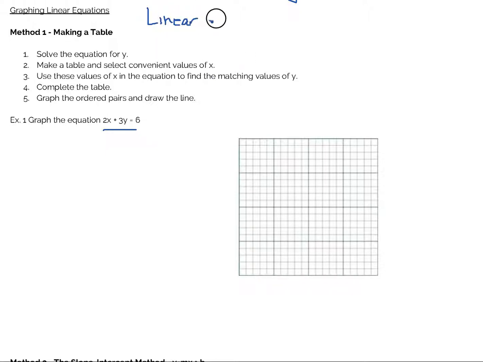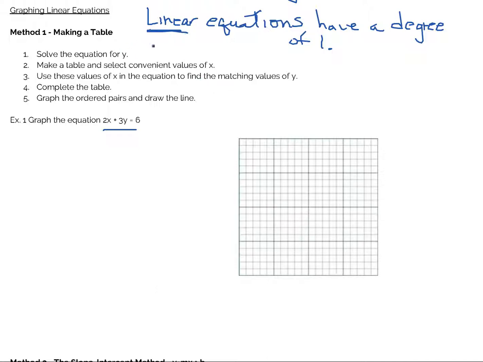Linear equations have a degree of 1. So if you see an equation with the highest degree of 1, you know it's going to be a straight line. And that's why they call it a linear equation, because it's going to be a graph of a straight line.